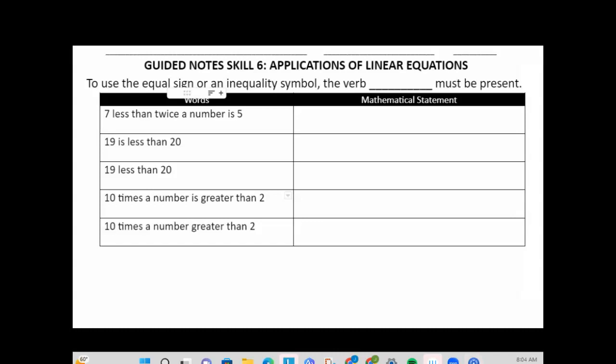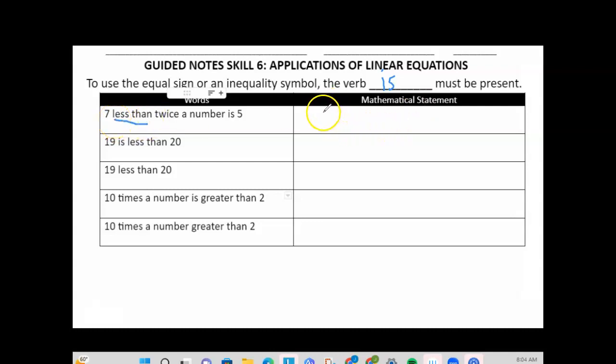7 less than twice a number is 5. So at the top there it says to use the equal sign or an inequality symbol, the verb is must be present. So we're going to put is there. We're looking for the word is if we're going to write an equation. So 7 less than is important because less than is backwards.